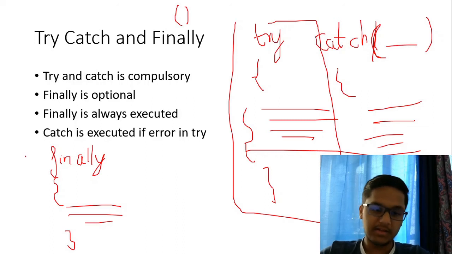But the finally thing, if you have a finally, because it's optional, if you have a finally in your code, again, you can have multiple finallys, multiple tries, multiple catch blocks. If you have a finally in your code, this will get executed whether or not an error is encountered.